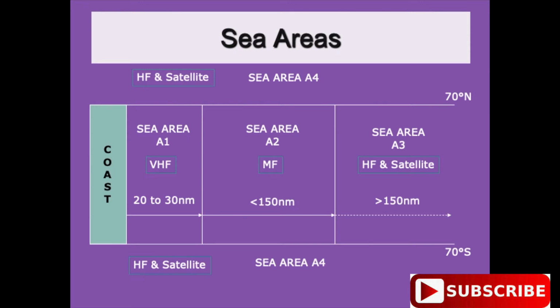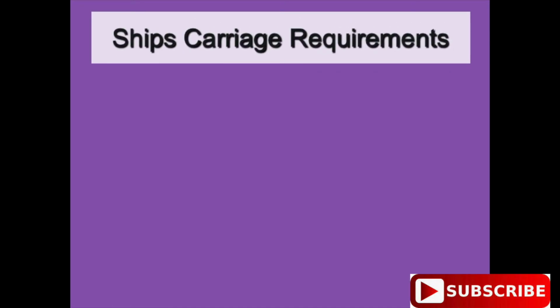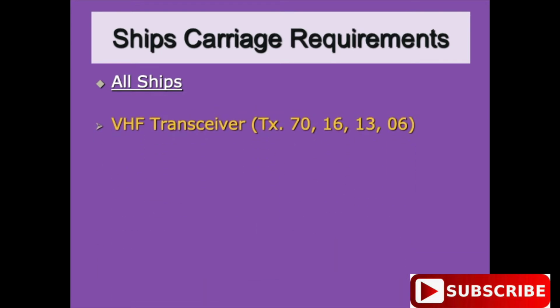Now we'll see the ship carriage requirements for the different sea areas. First, all ships must carry a VHF transceiver, a VHF DSC controller, and 2 SARTs.